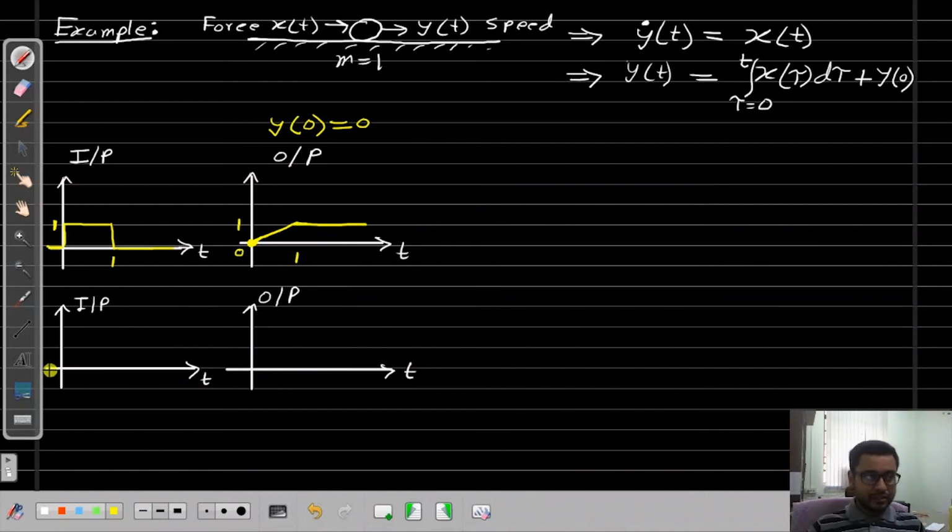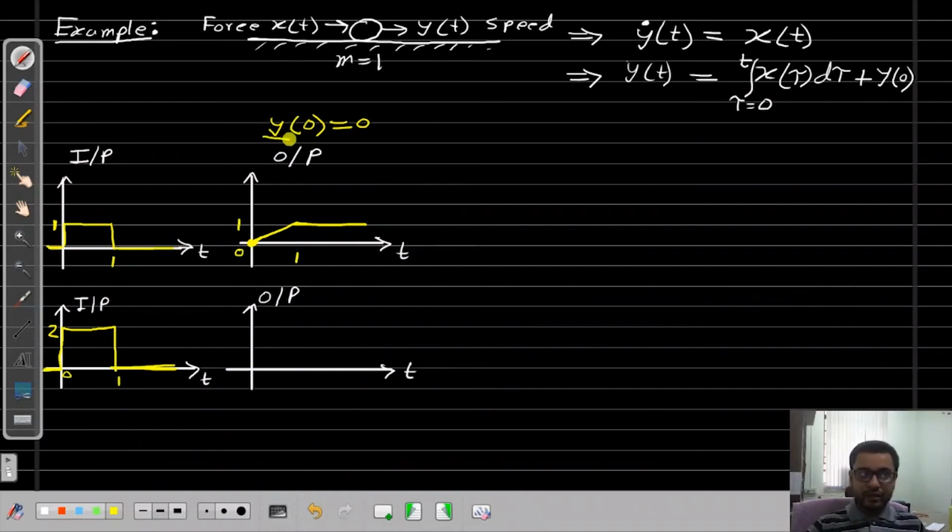another possibility, that I give the input like this. It is initially 0, then 2, and then equal to 0 again. Now how will the output look like?